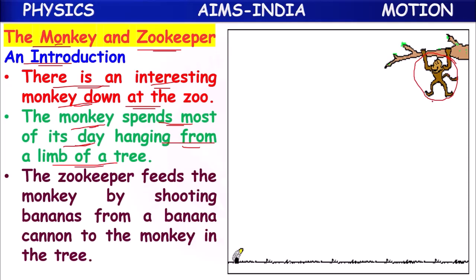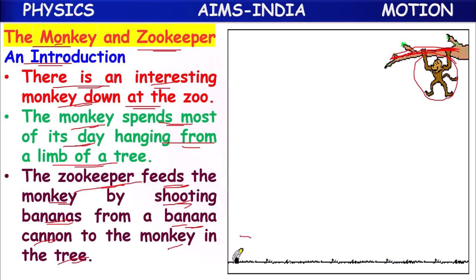Its habit is that it hangs from the limb of the tree most of the day. The zookeeper feeds the monkey by shooting bananas from a banana cannon to the monkey in the tree.